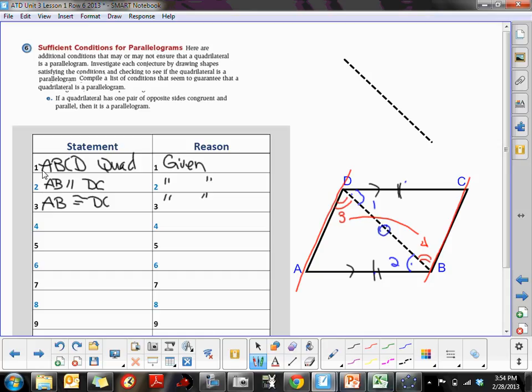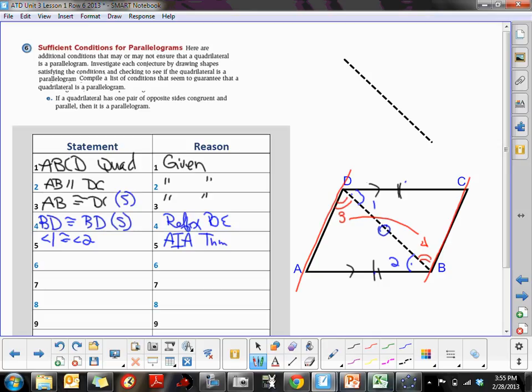Now we're going to put it down on paper. BD is congruent to BD, and that was by the reflexive property of equality. We were given a side that was congruent, so we already have that. We just named another side, and now we're going to go after our alternate interior angles. Angle 1 had to be congruent to angle 2 because they are alternate interior angles on parallel lines, so that's the alternate interior angle theorem.